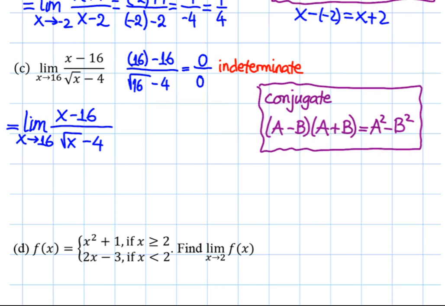Right. So we multiply the top and the bottom by the conjugate. The conjugate is whatever with the square root, because we try to get rid of the square root of x. So we should multiply by the conjugate of the bottom. The conjugate will be square root of x plus 4.